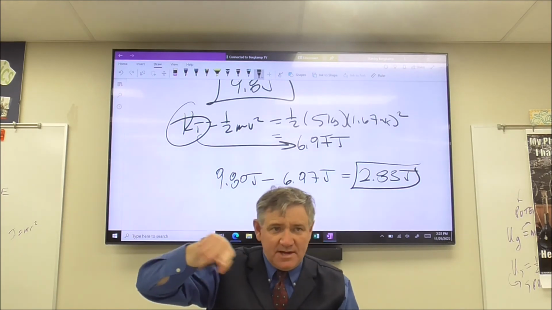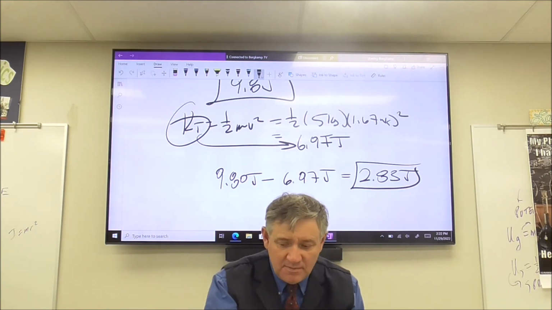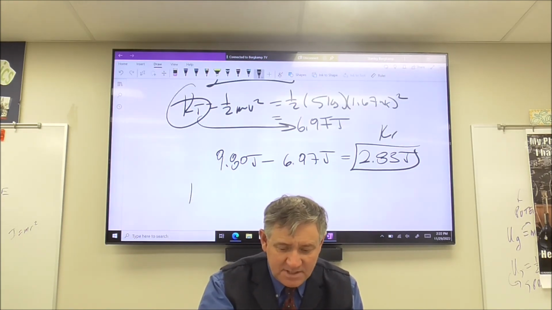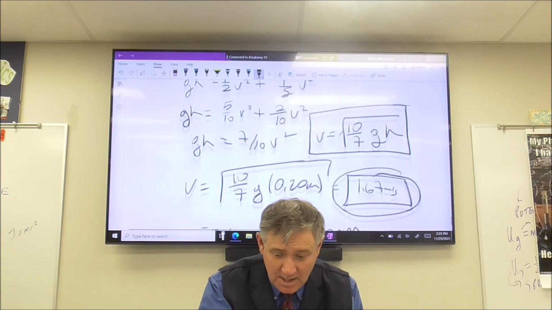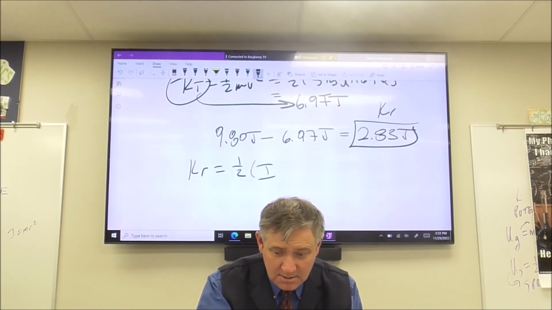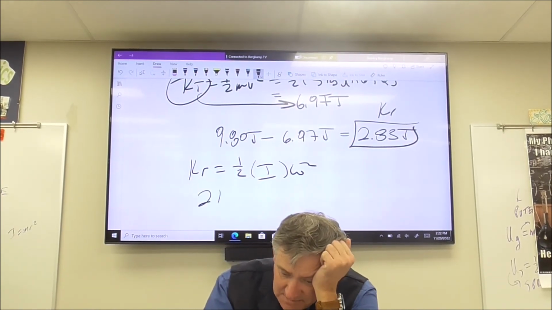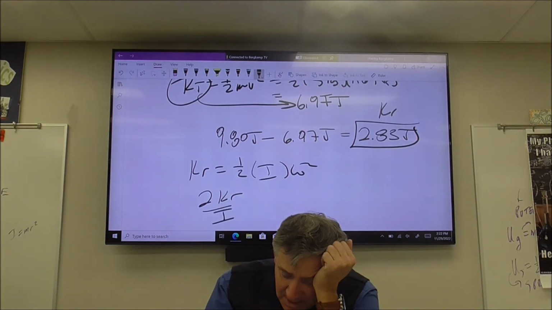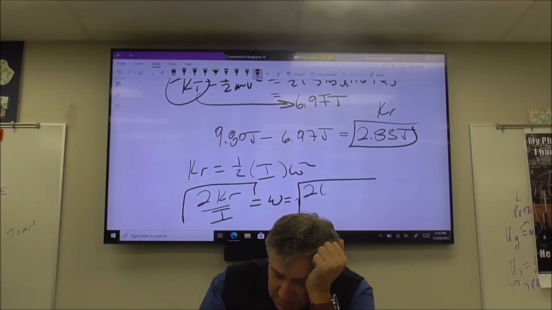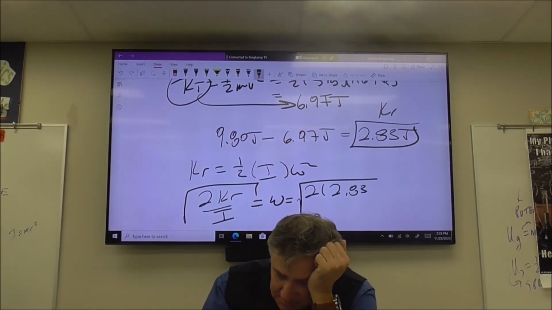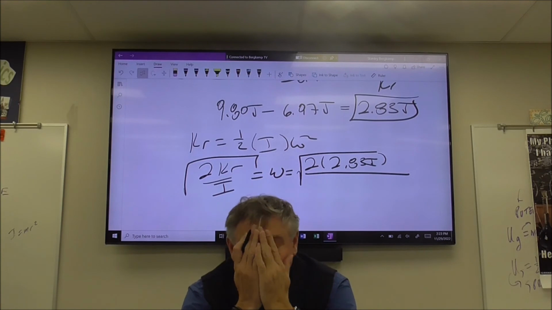Now, at this point, I want to figure out the angular velocity of the spinning ball. So this is my KR. Now, we just said that KR is 1/2 I omega squared. So omega equals the square root of 2 times KR divided by I. So I got 2.83 joules. But what am I going to use for I?